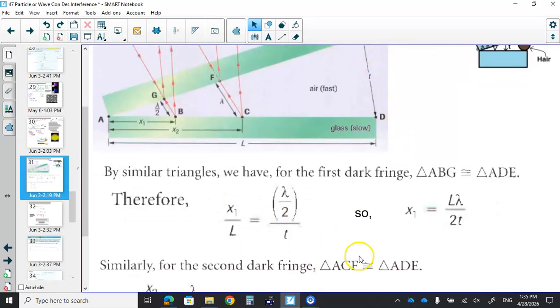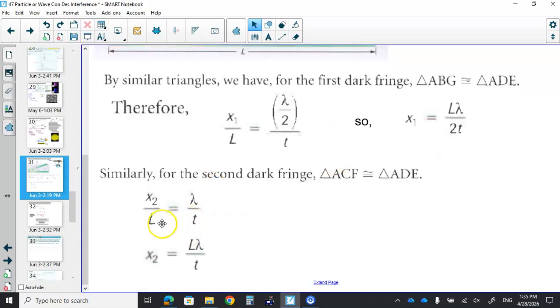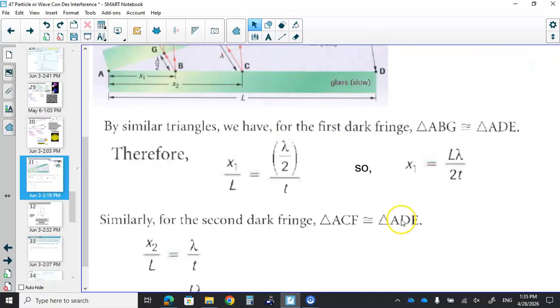We'd have a little similar triangle action going on, and you could solve out for numbers. Similarly, with another location, we have the wavelength in comparison to L, or x2 and L, and wavelength, full wavelength instead of half wavelength, in comparison to the thickness over here.